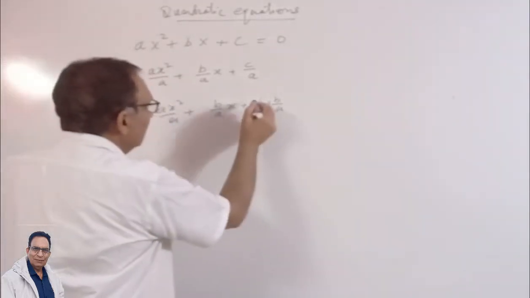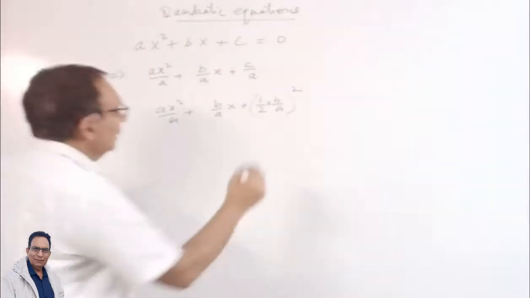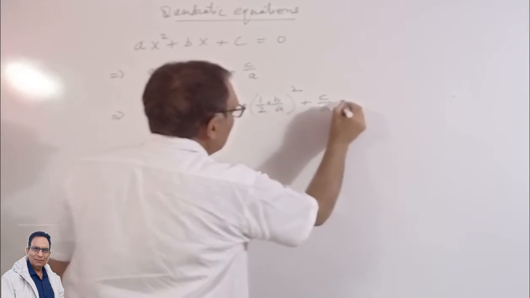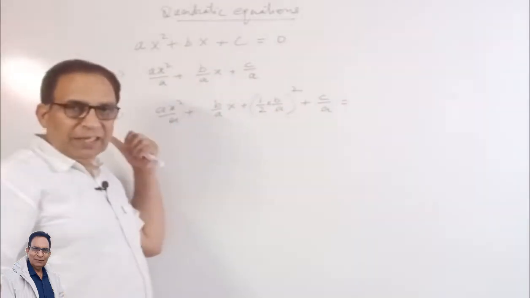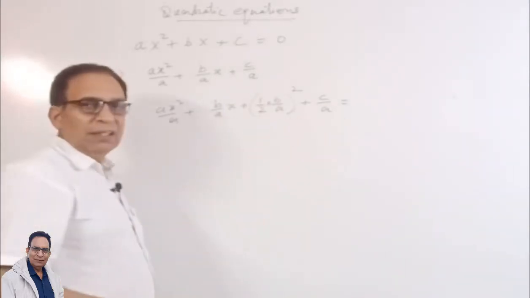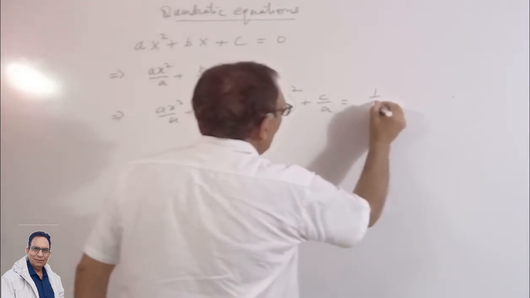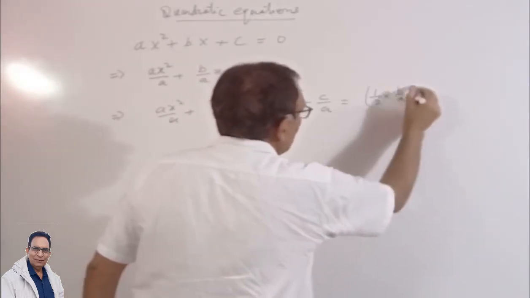And get the square of it, plus c over a. Whatsoever you are adding to your left hand side, the same thing you have to add to your right hand side also, meaning you write 1 over 2 into b over a raised to the power 2.